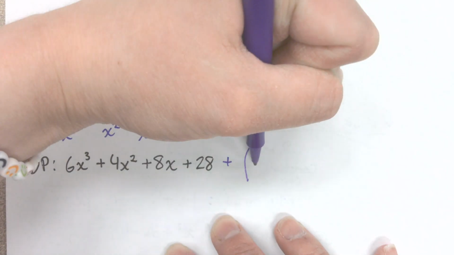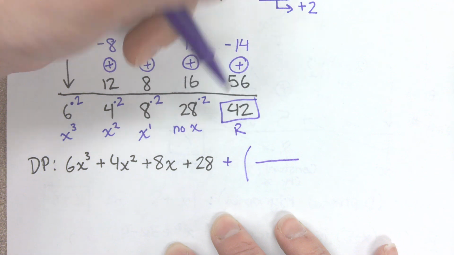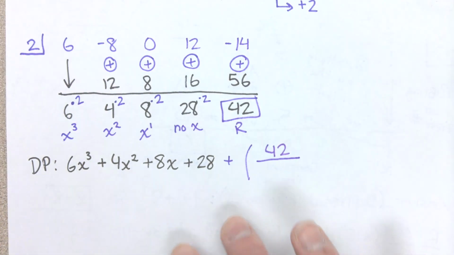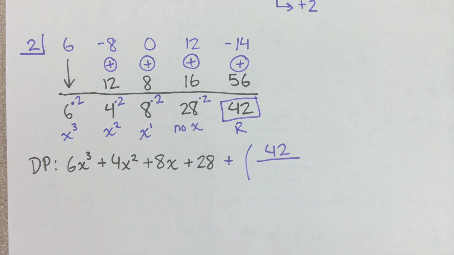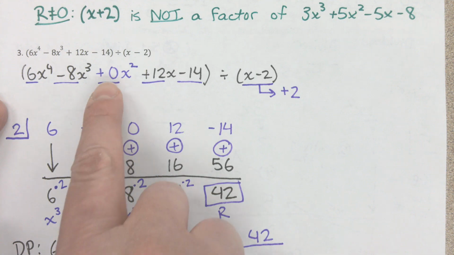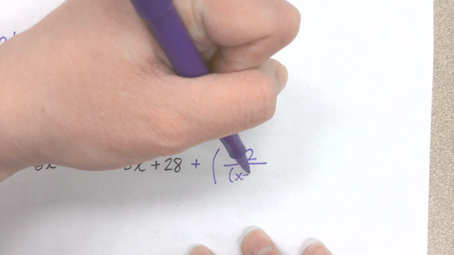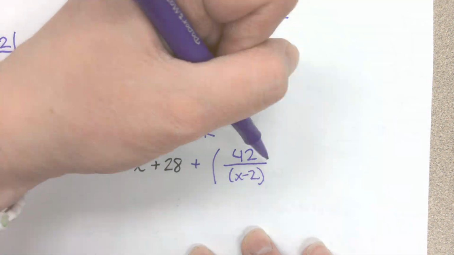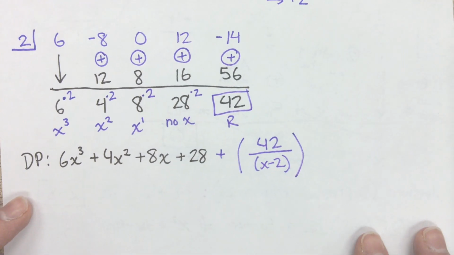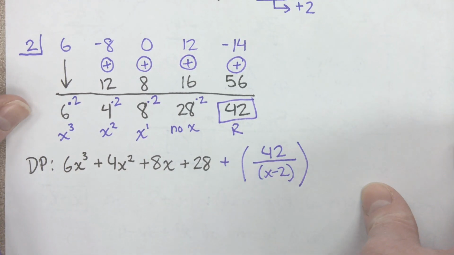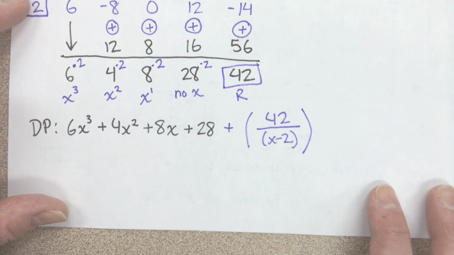Plus the remainder number, r, which is 42, goes on top. And then the full divisor from the beginning of the problem is x minus 2. That goes on bottom. That's our dp, our depressed polynomial.